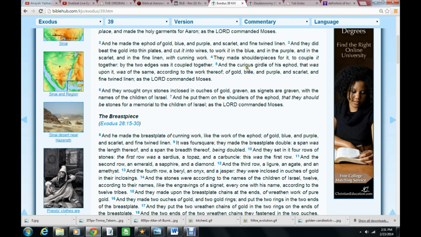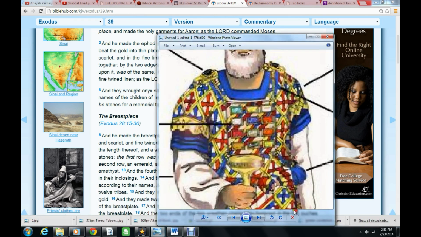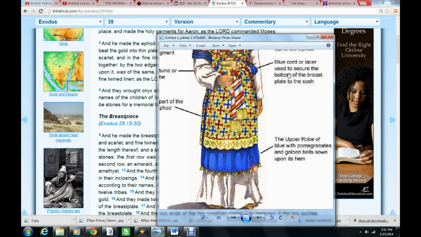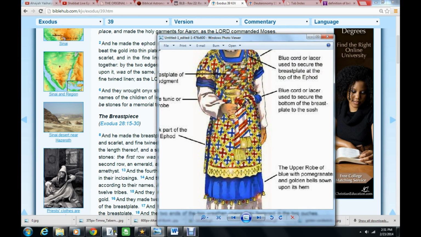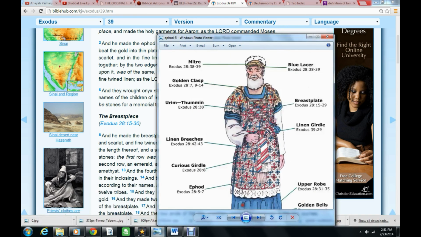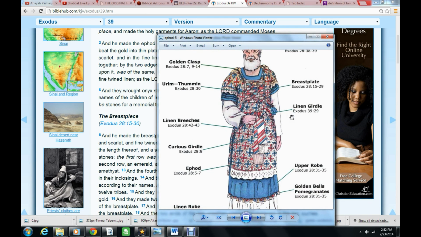And the curious girdle of his ephod that was upon it, which would be this. Hold on, pardon me. Tunic. We'll find that one here. So, linen girdle.